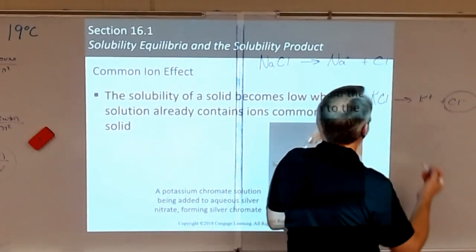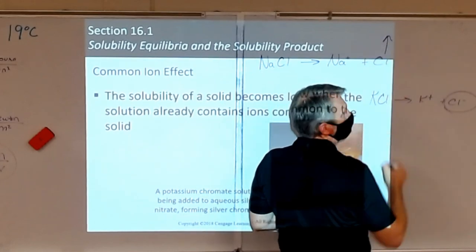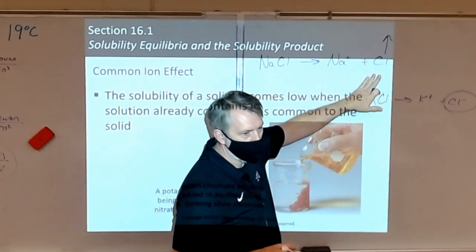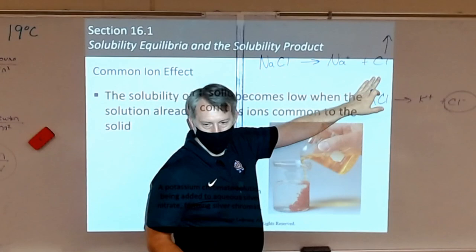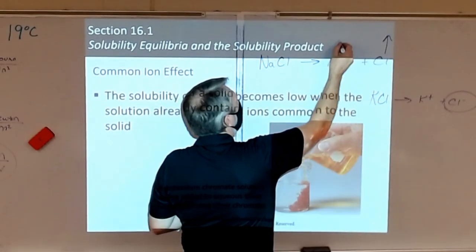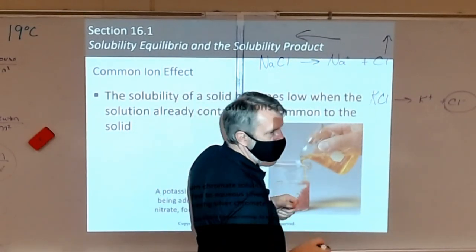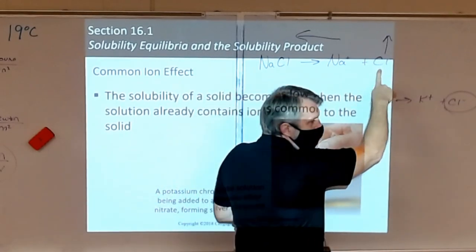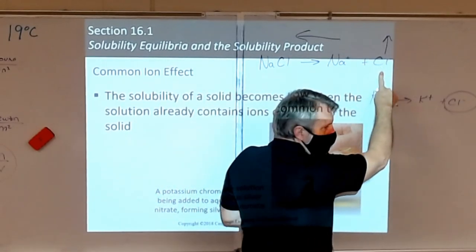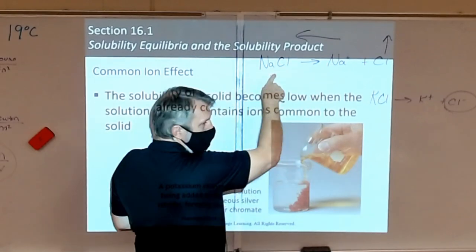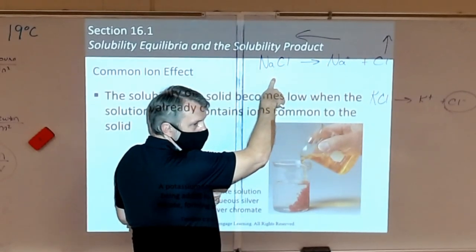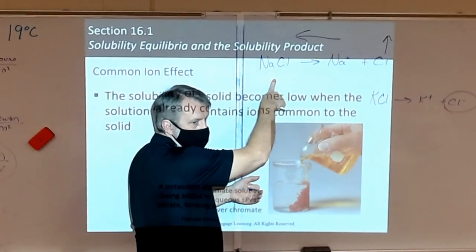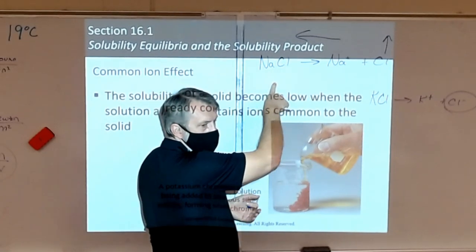This has the same effect of increasing the chloride ions. And if I increase one of the products, which way is it going to shift? It's going to shift the whole thing back this way. So because I already have a bunch of this, I'm not going to be able to dissolve as much of this as possible. Y'all follow me?